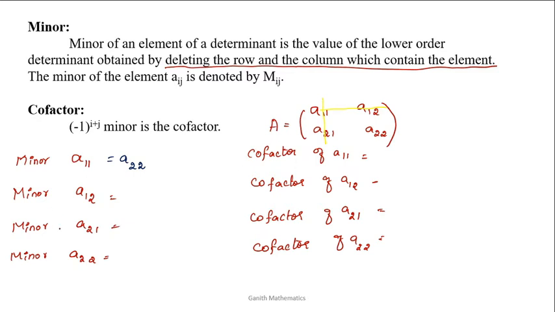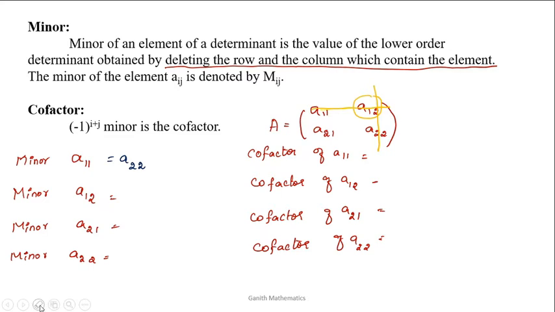Okay. So we are going to deal with the minor of A12. A12 is lying in the first row and the second column. So what is the element which is left? That is the element here, A21, right?